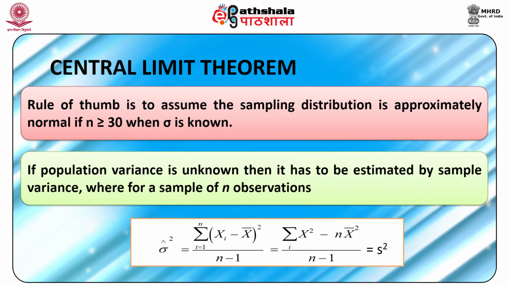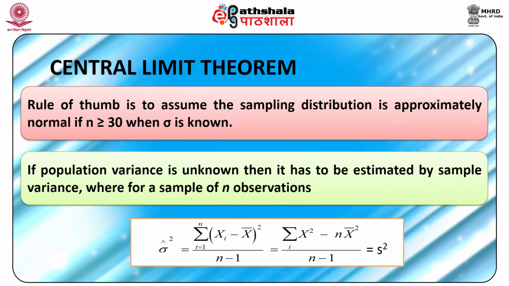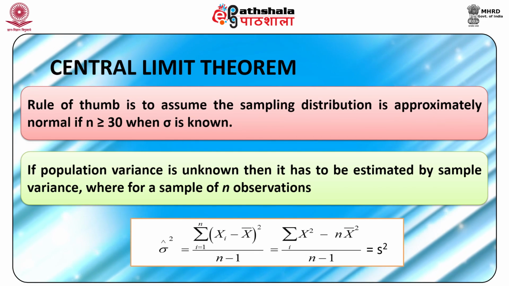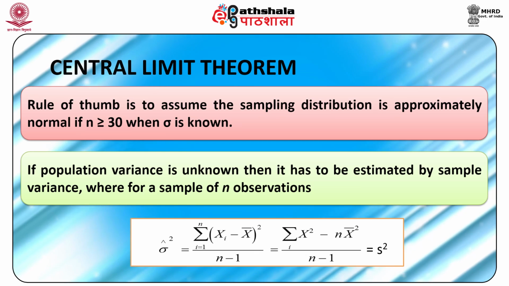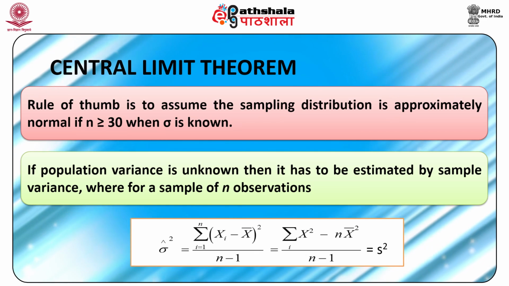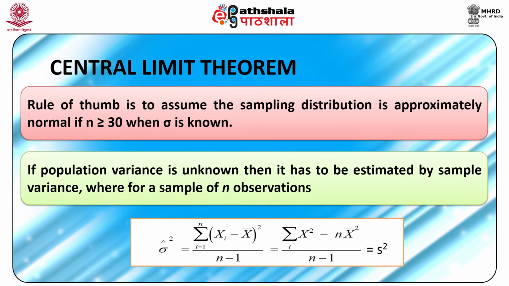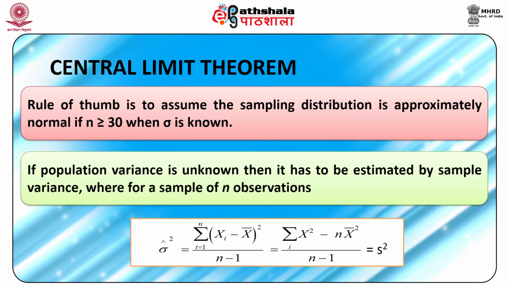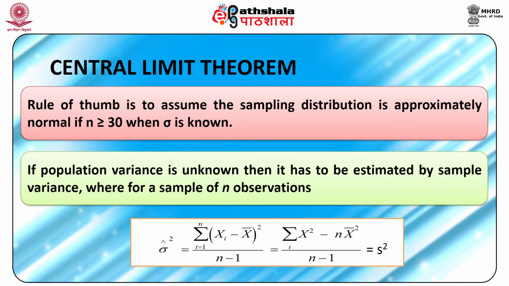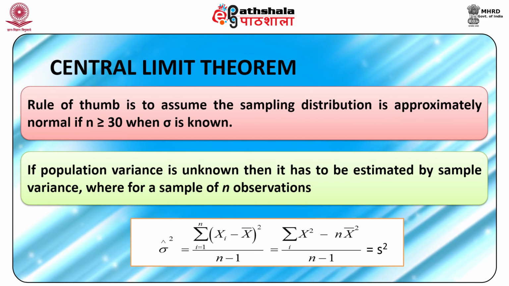So we apply the rule of thumb. Now, rule of thumb is to assume the sampling distribution is approximately normal if n is greater than or equal to 30 when sigma is known. So if n is greater than or equal to 30 and sigma is known, we assume that the sampling distribution is approximately normal.